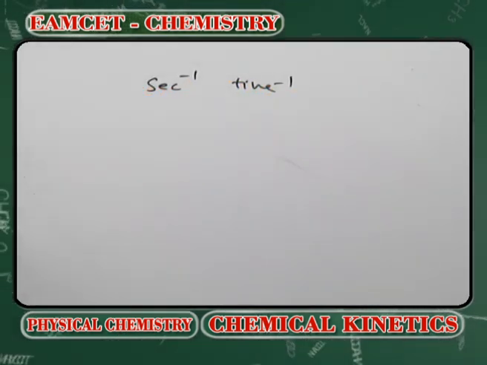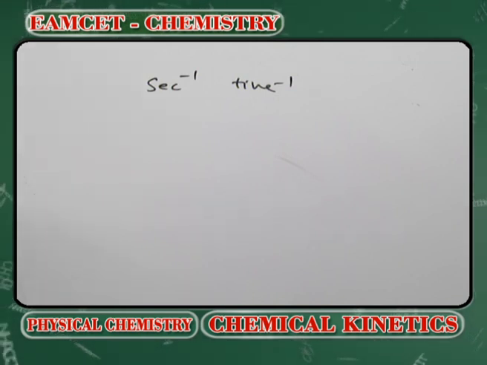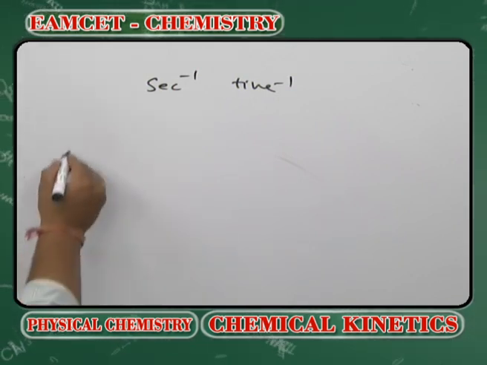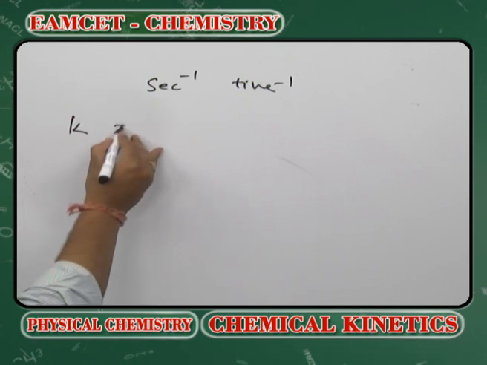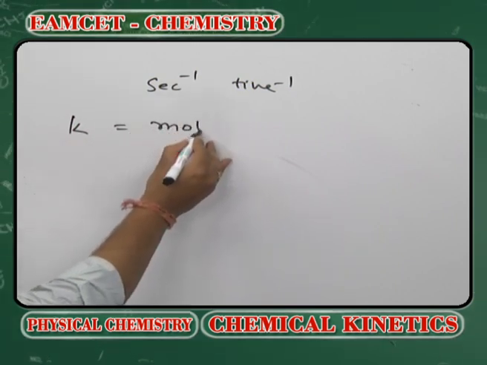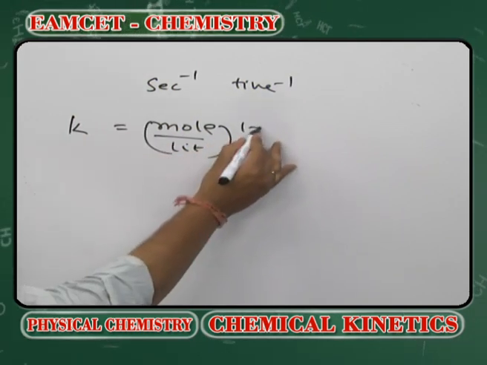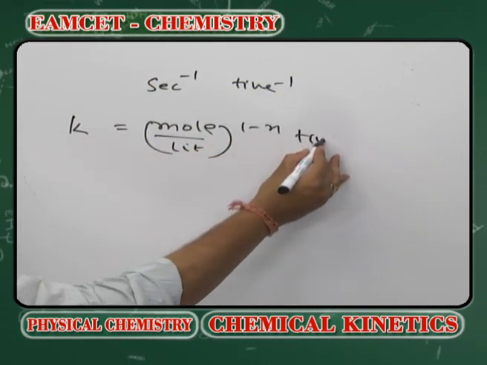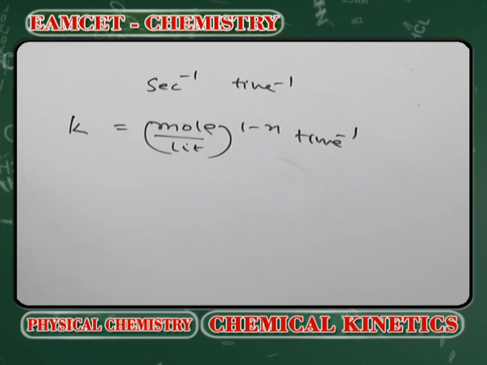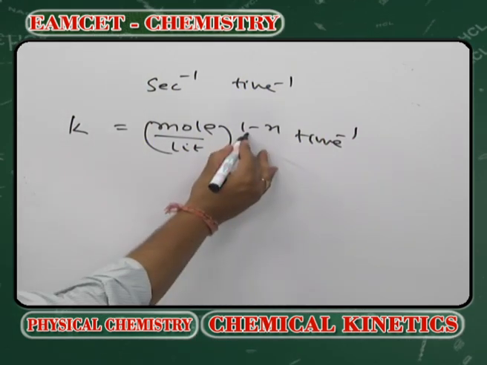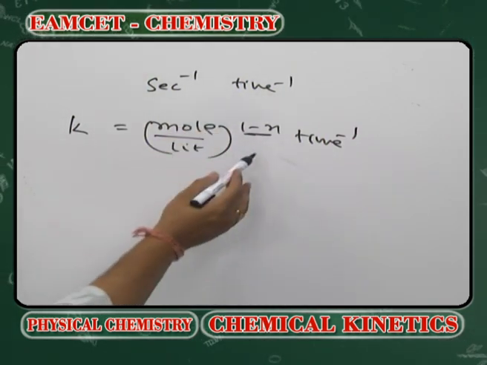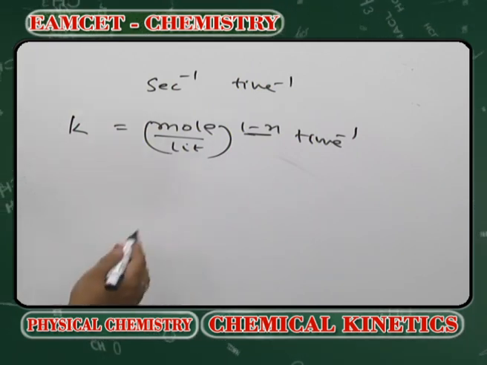To find the order of the reaction from the units of the rate constant: the units of the rate constant are (mole per liter) to the power of 1 minus n, time inverse. The power of the mole term must be equated to 1 minus n.